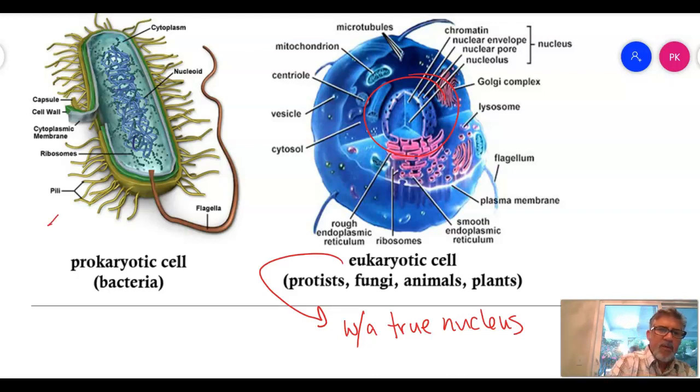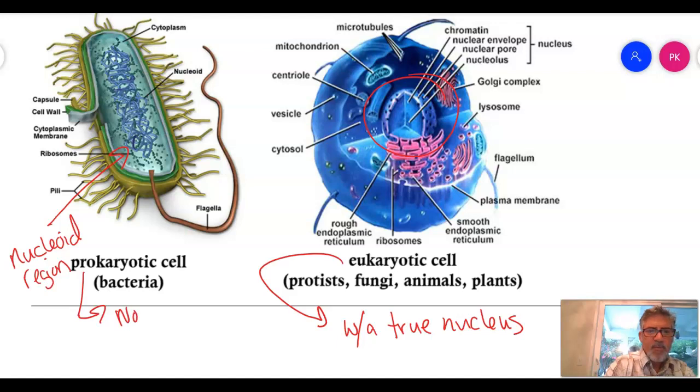My prokaryote, this is a nucleoid region. And a nucleoid just means where the DNA is likely to be found. So prokaryotic, right here, is no true nucleus.